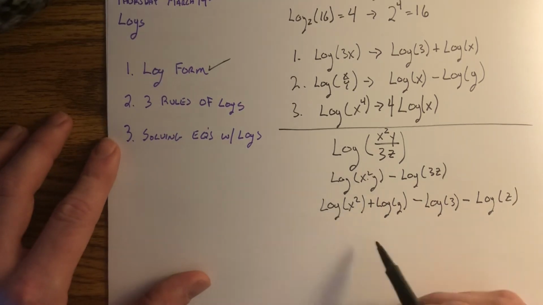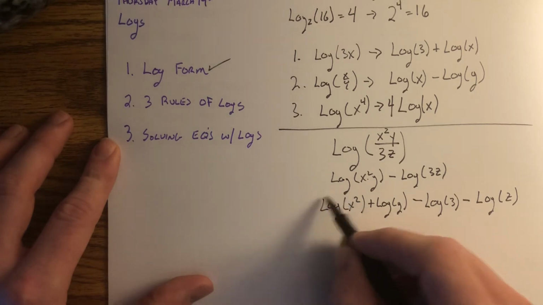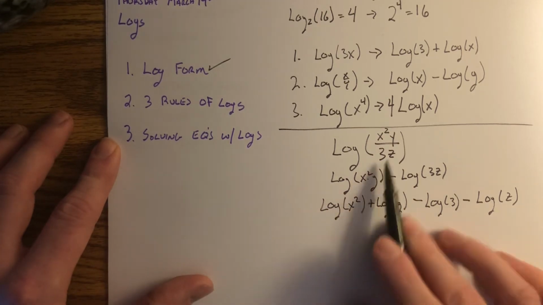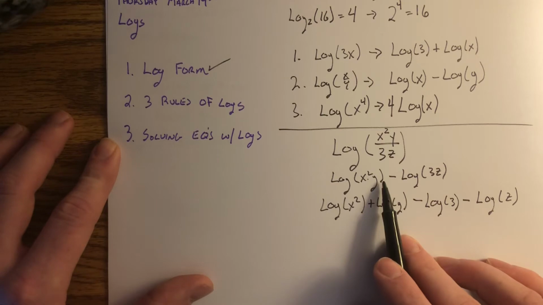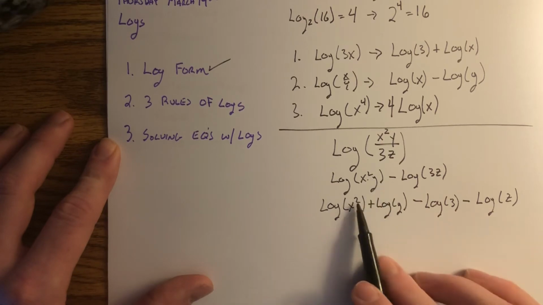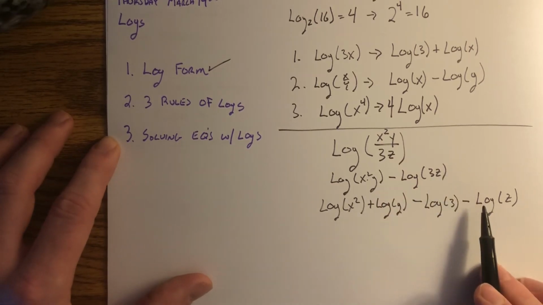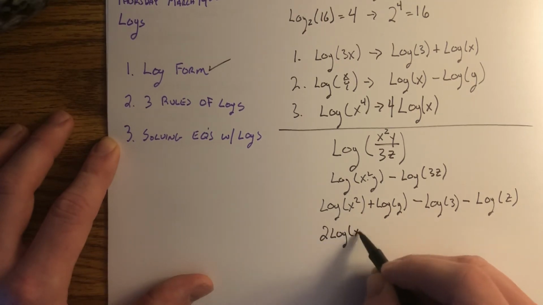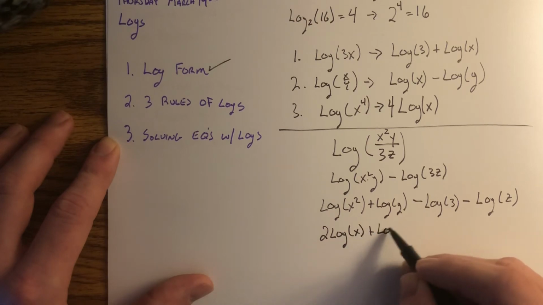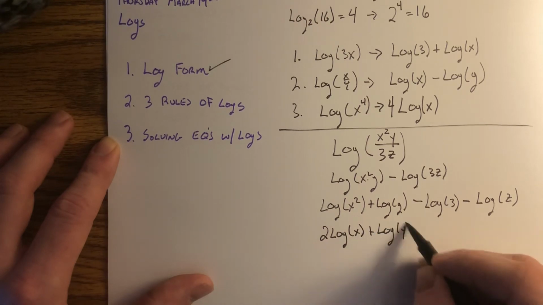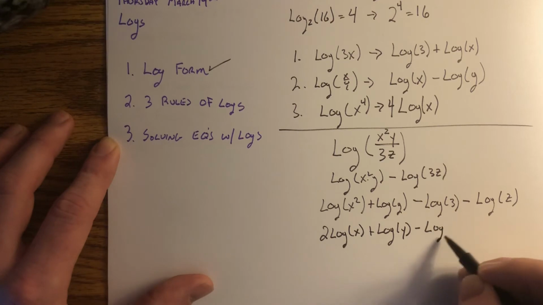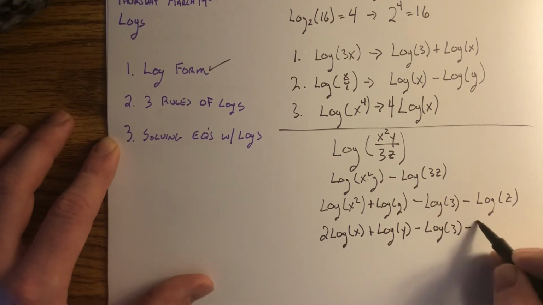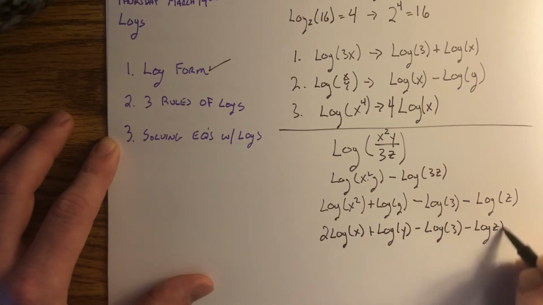You can take this 2 and you can write it in front. So this 2 can pop down in front. So the first one, to go from here to here, we used rule number 2. To go from here to here and here to here, we used rule number 1, and now we'll use rule number 3. So it'll be 2 log x plus log y minus log 3 minus log z.